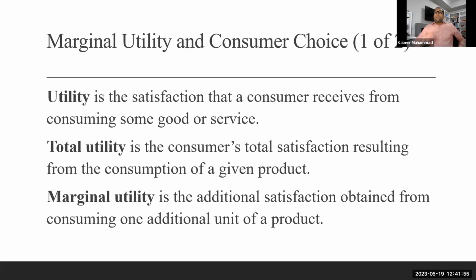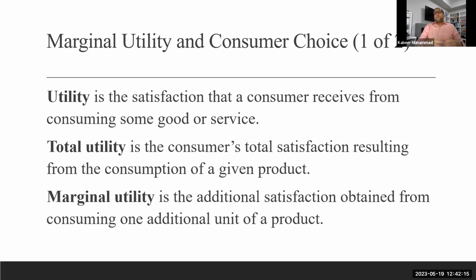Even though the water is the same, the glass is the same, the time is the same, everything is the same, the satisfaction you get is different. That's what we call the marginal utility of the first glass and the marginal utility of the second glass. So every unit of a product has a different utility.